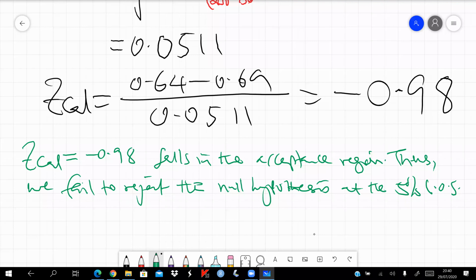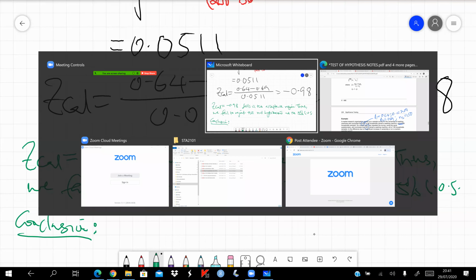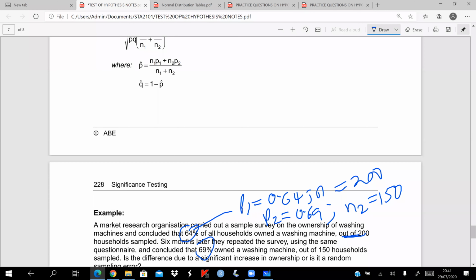So that is where the statistics end. We want to make a conclusion in very simple language. You go back to the question and try to answer it based on the information that you have so far. The question was, is the difference due to a significant increase, or is it a mere random sampling error?